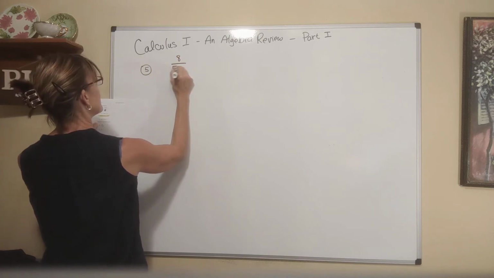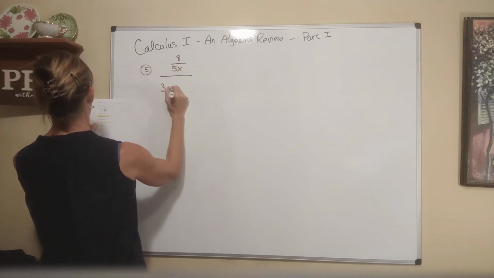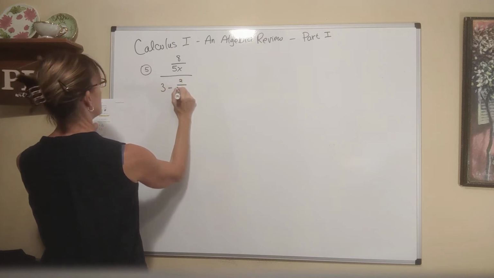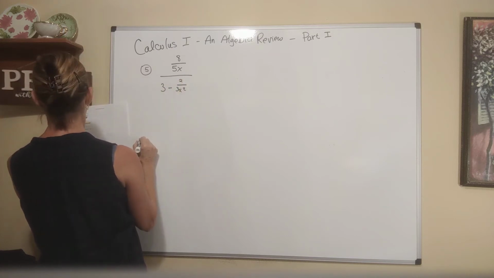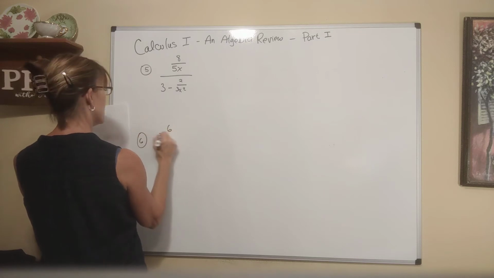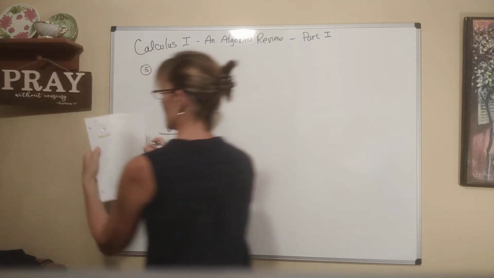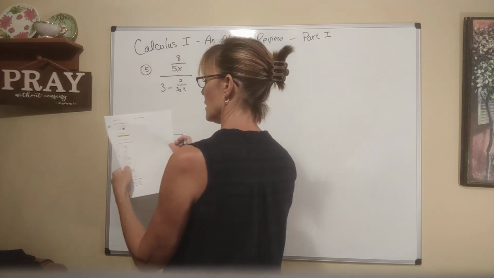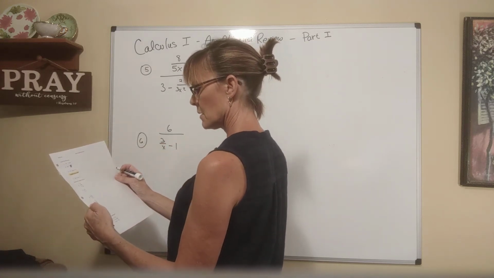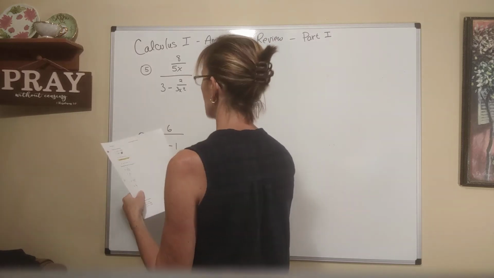8 over 5x over 3 minus 2 over 3x squared. And then number 6 is 6 over 3 over x minus 1. And then 8 is similar. Oh, I put a bunch of these. I'm not going to do all of these.